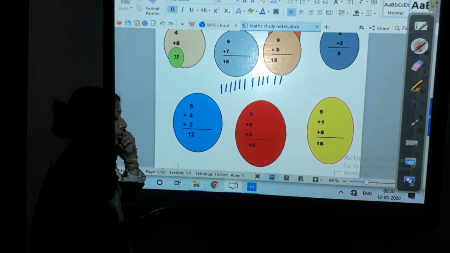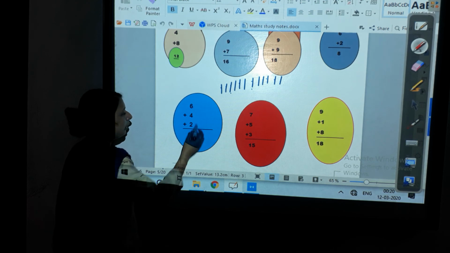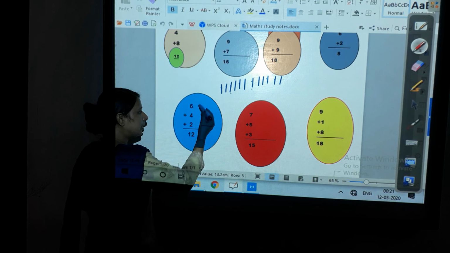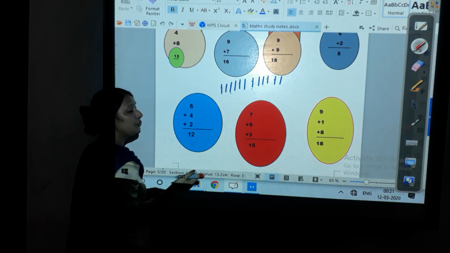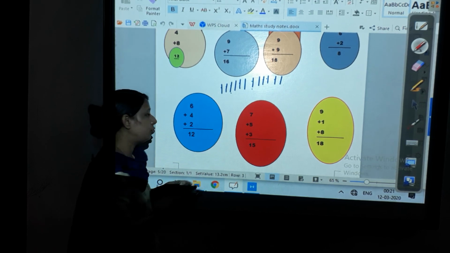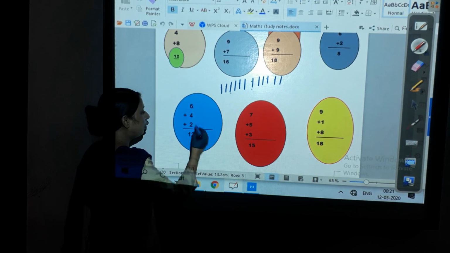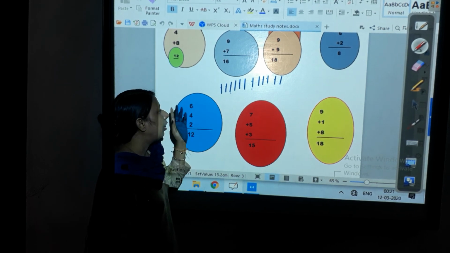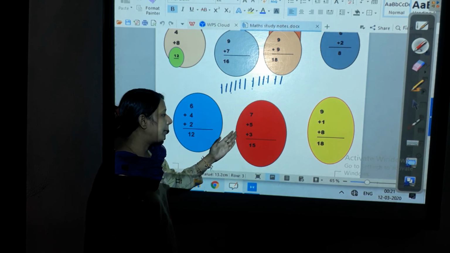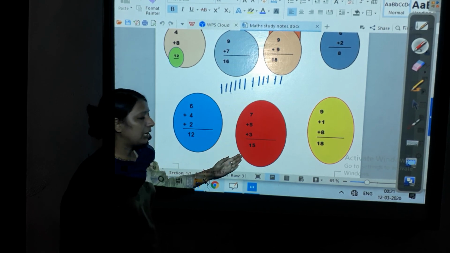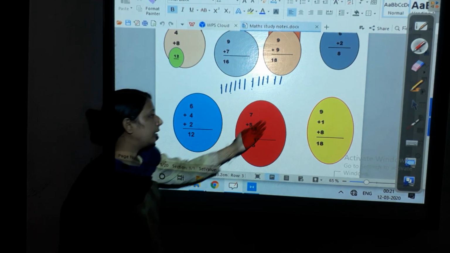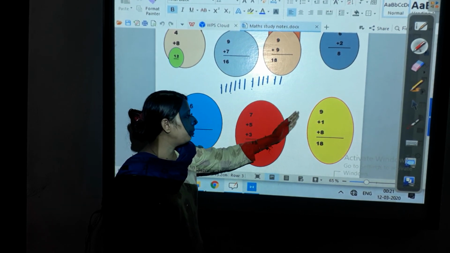In a very short message, I want to tell you that 4 plus 2 is 6 and 6 plus 6 is also 12. But as we are in a learning position, we need to add in the process only. So 6 plus 4 plus 2 is equal to 12. Similarly, we will add 7 plus 5 plus 3. But make sure to draw lines and to practice. The next is 9 plus 1 plus 8.